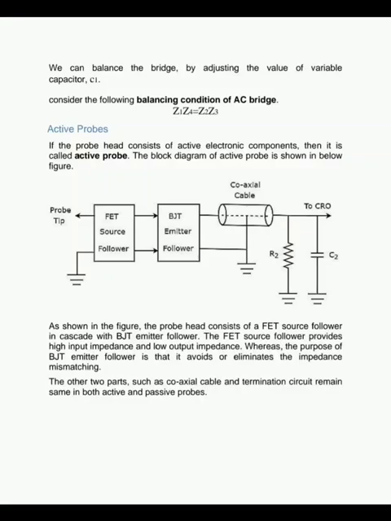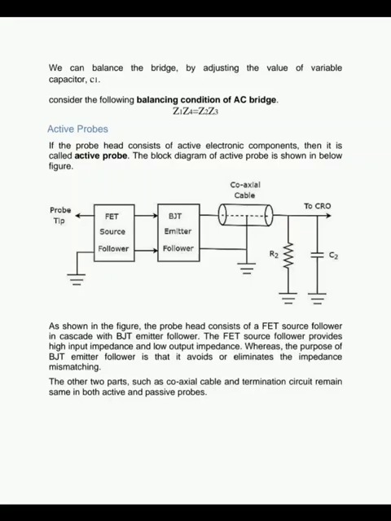Active probes. If the probe's head consists of active electronic components, then it is called an active probe. The block diagram of the active probe is shown in the figure. As shown in the figure, the probe head consists of a FET source follower in cascade with a BJT emitter follower.